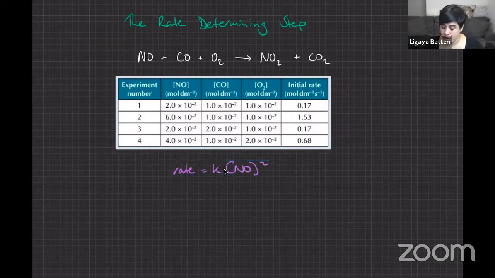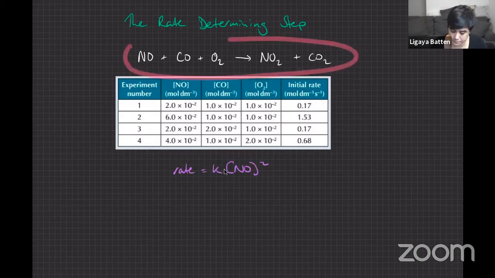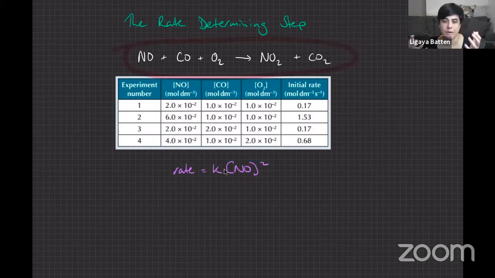So the rate determining step is the idea that this reaction, okay, that is our overall reaction. That's the reactants in our reaction and the products in our reaction. But the rate equation has told us that carbon monoxide and oxygen do not take part in the rate determining step. They are not affecting the rate.